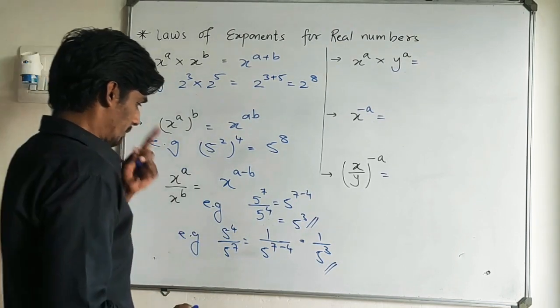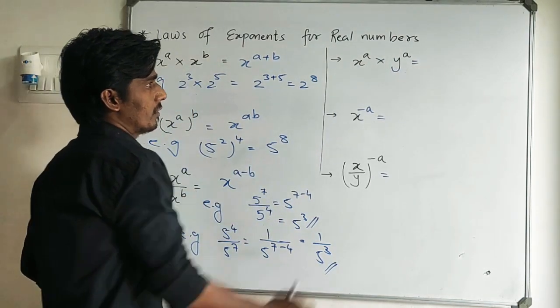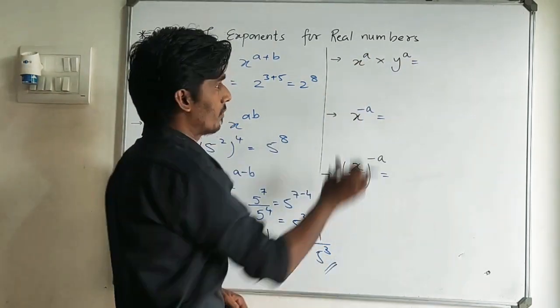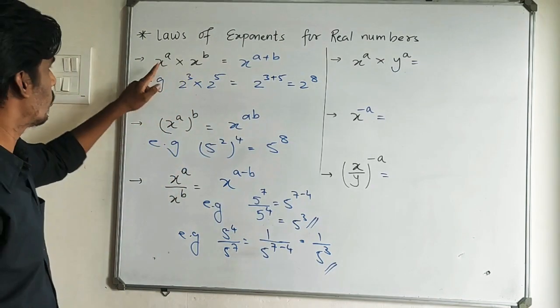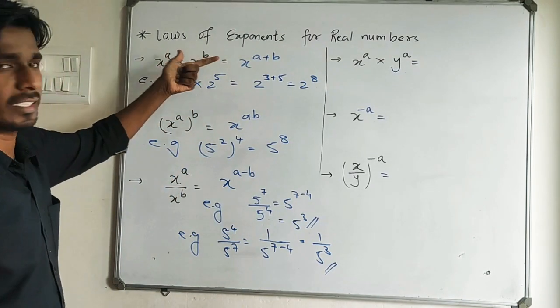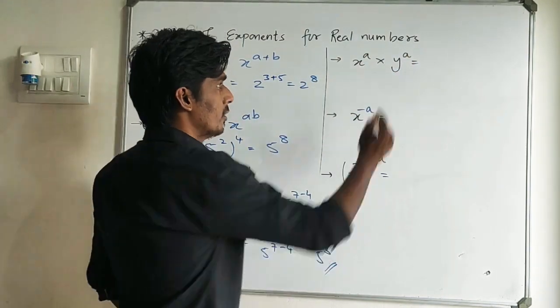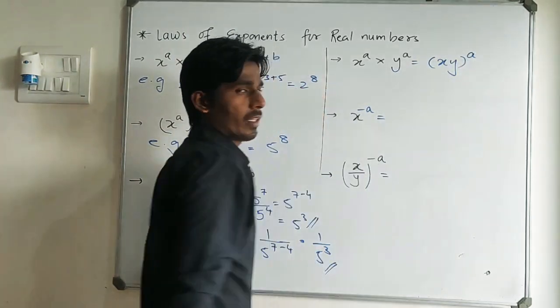Now the fourth one, it's x into y raised to a. Powers are same but these numbers are different. जो पहला कंडीशन था उसमें नंबर सेम थे, पावर अलग थे. Now it's the reverse condition. Now powers are same and numbers are different. So this will be x into y raised to a.